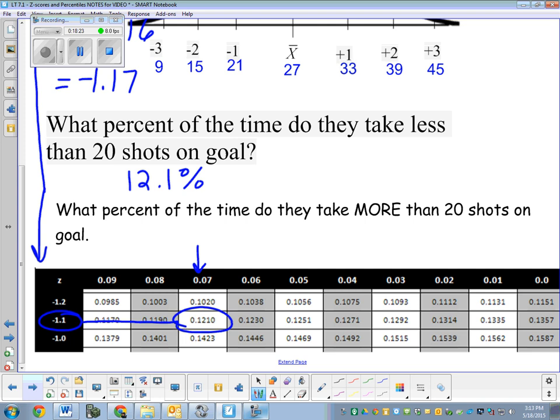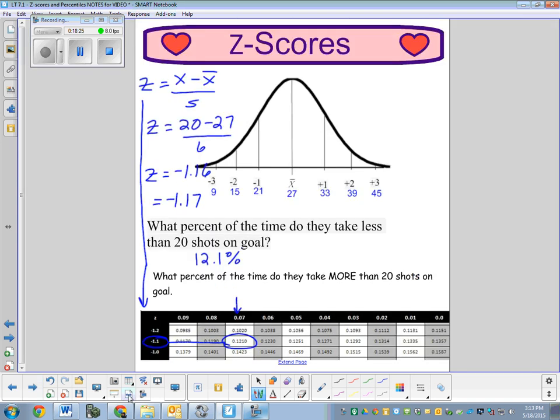So now here's my follow-up question. If 12.1% is this area here, what percent of the time do they make more than 20 shots on goal?